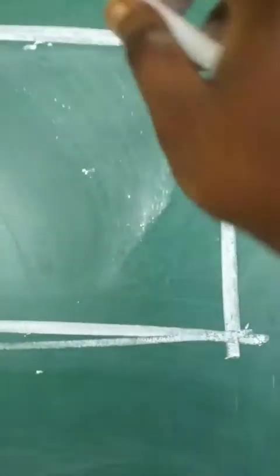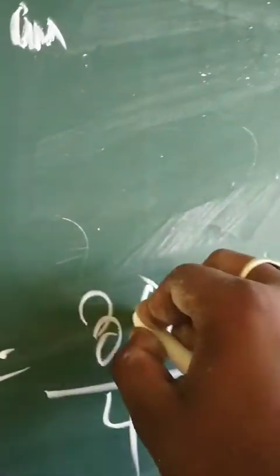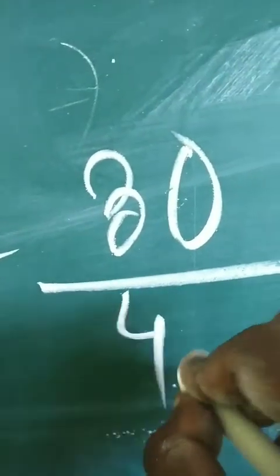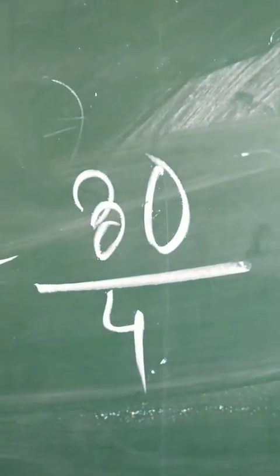Why 30 divided by 4? Because the sum of all four sides is 30 centimeter and all four sides are equal. So in order to find the measure of one single side of the square, you just divide the perimeter by the number of sides.